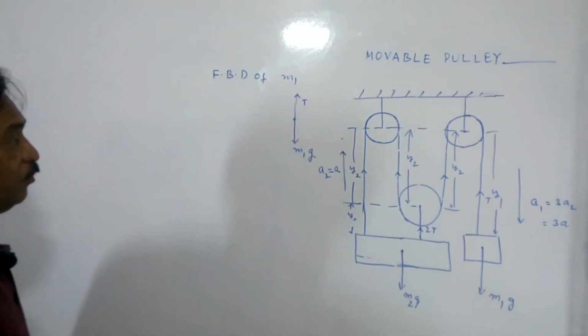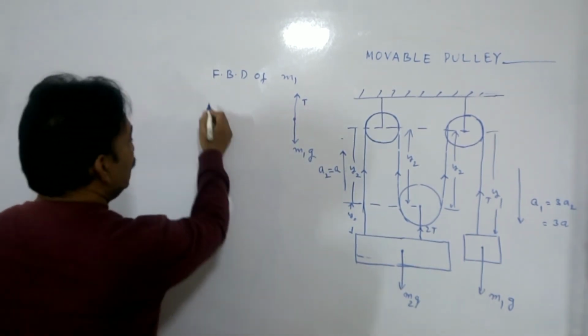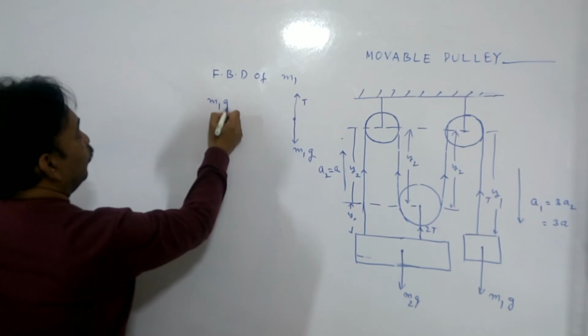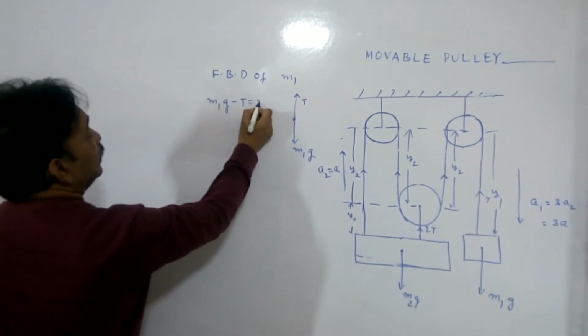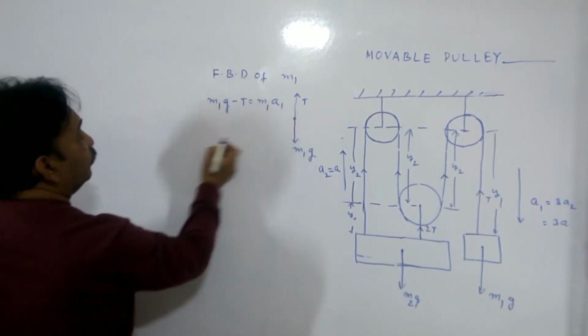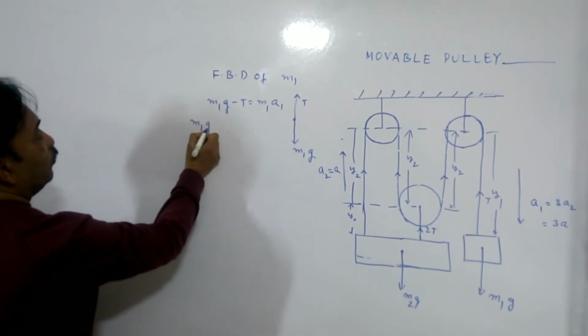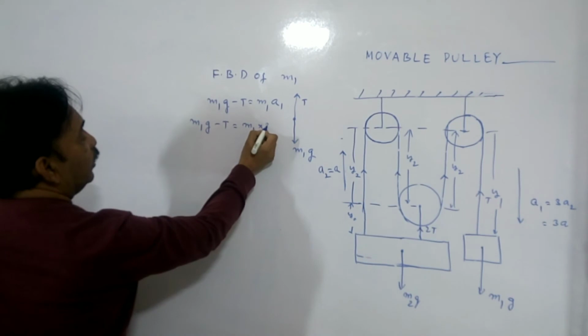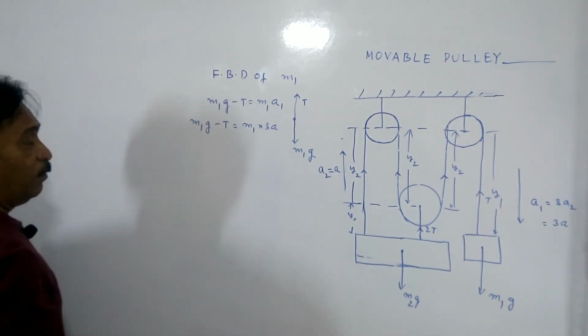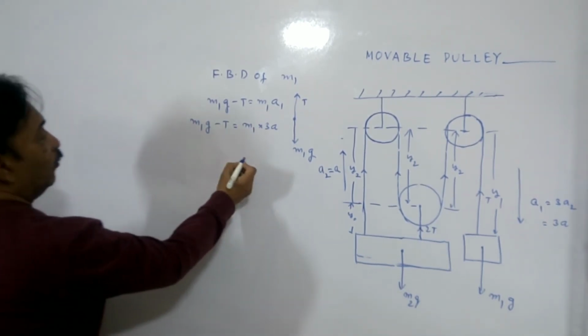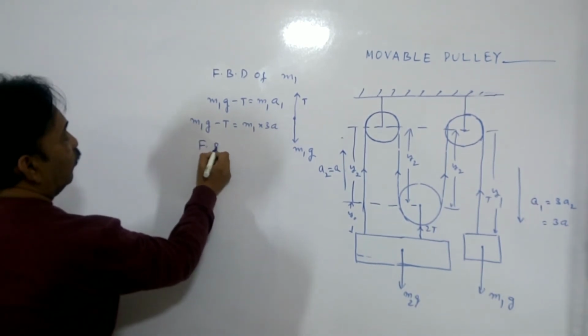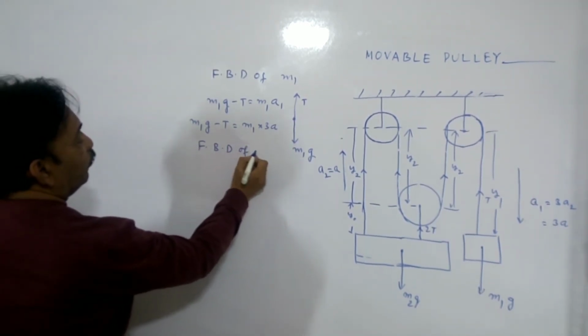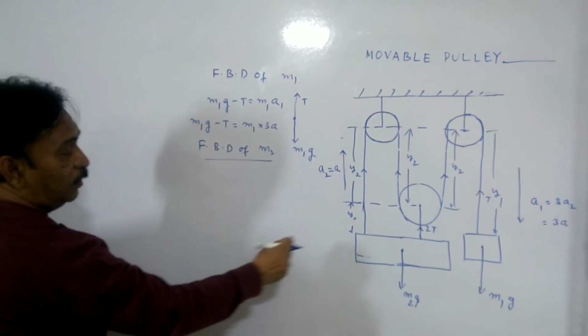Okay, students, for M1: M1G minus T is equal to M1 into A1, that is M1G minus T is equal to M1 into 3A. Okay, and if you watch the second one, the FBD of M2, what you get?